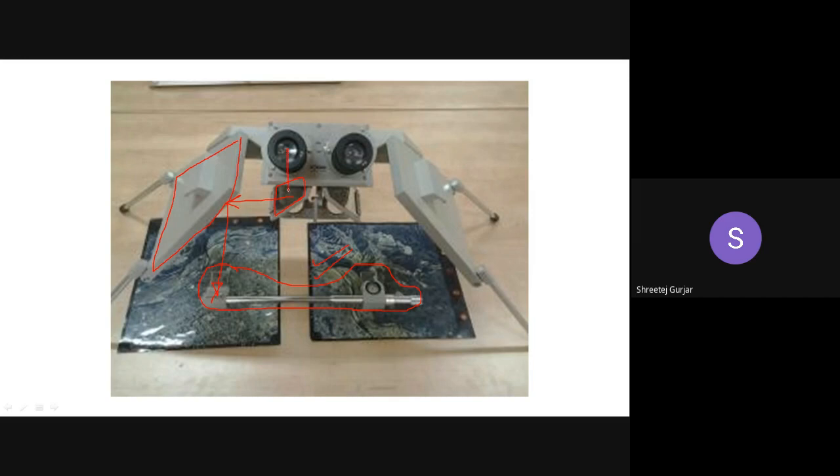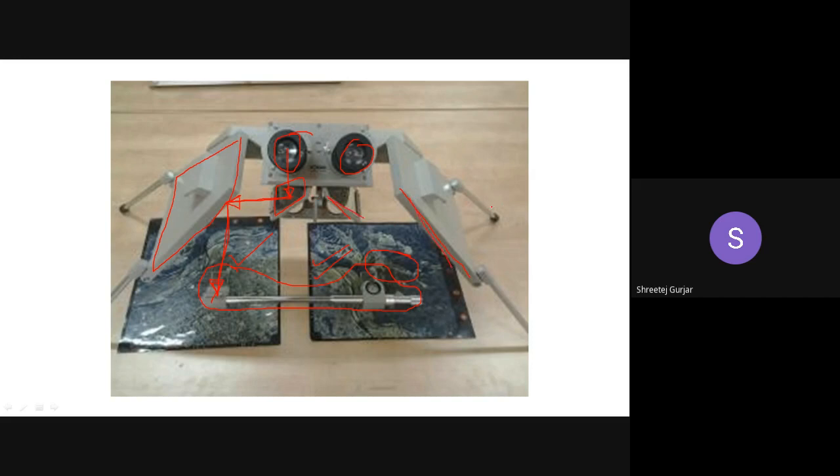This is how the line of sight passes: from here, the line of sight will be deflected over here, and then reflected over here on the image. From this lens you will see the left image, and from this lens you will see the right image. These mirrors are usually at an angle of 45 degrees.